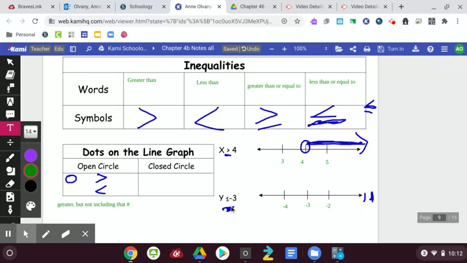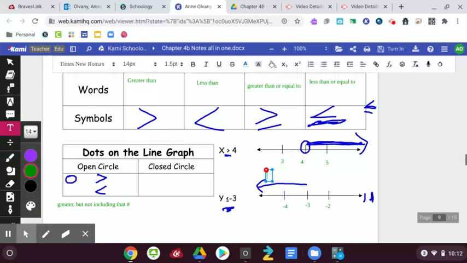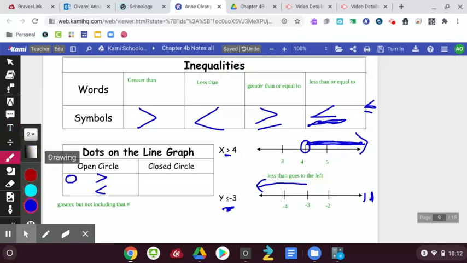Now we want to have less than or equal to -3. So less than goes to the left. You might want to make a note of that. Less than goes to the left. Okay. But this one does include -3. So up to and including -3. And we call this a closed circle.